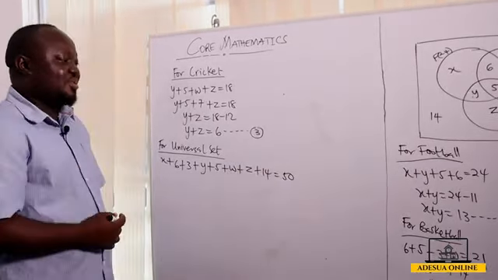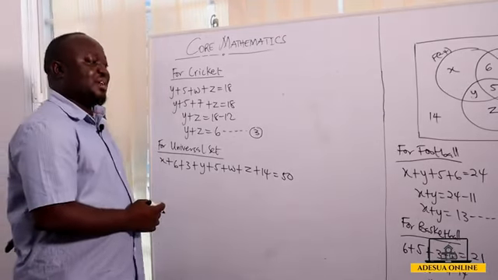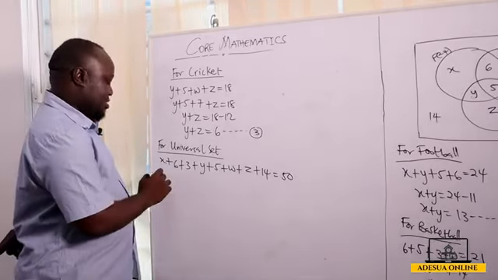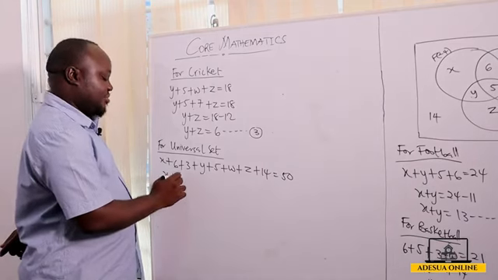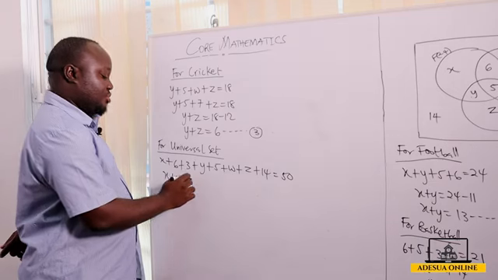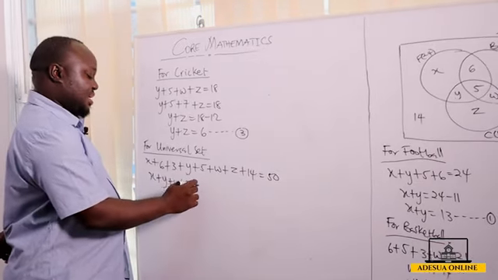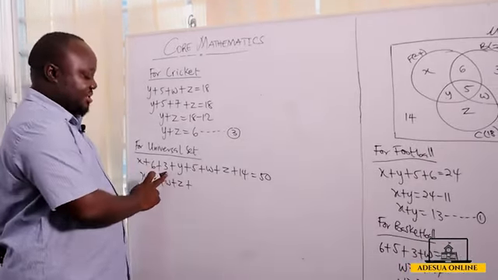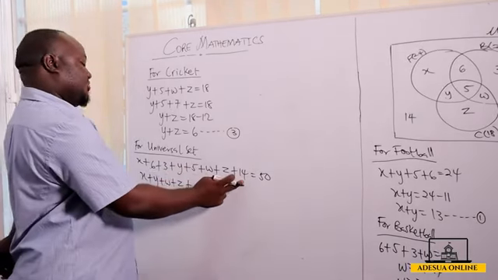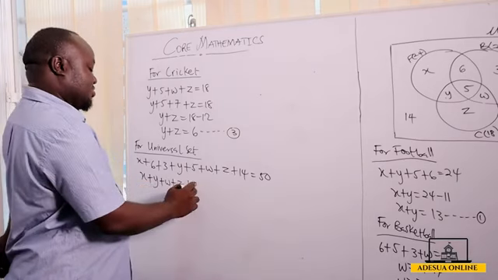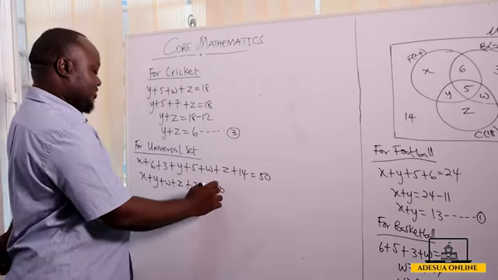But our w is equal to 7, so I'm going to replace our w with 7. So we have x plus y, grouping like terms, plus w, which is 7, plus 6 plus 3, which is 9, plus 5 is 14, plus 14 is 28. So plus 28 is equal to 50.